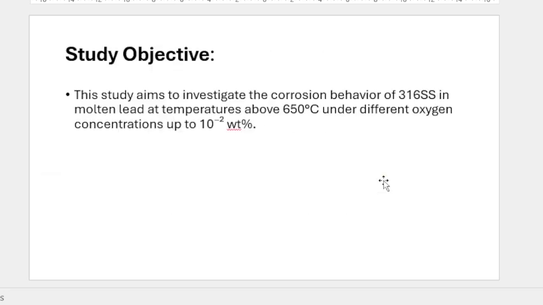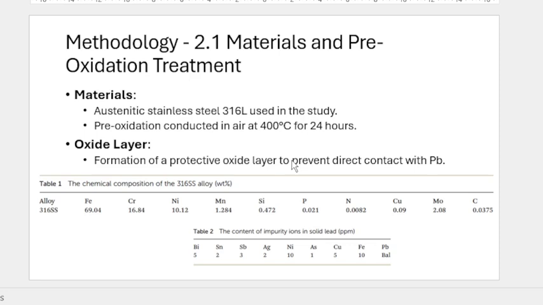So the objective of this study is to investigate the corrosion behavior of 316 stainless steel in molten lead at temperatures above 650 degrees C under different oxygen concentration up to 10 to minus 2 weight%.